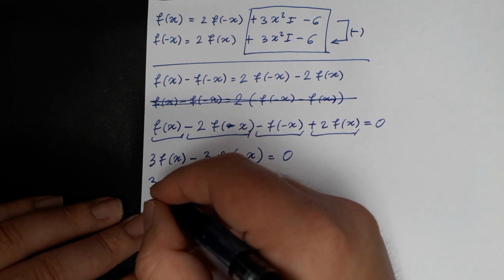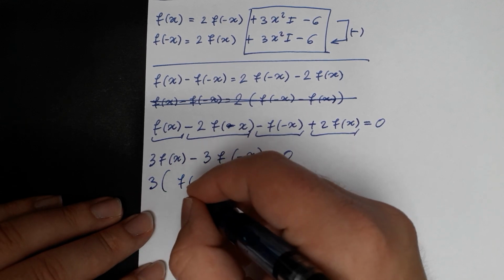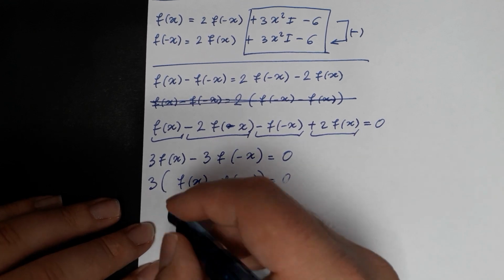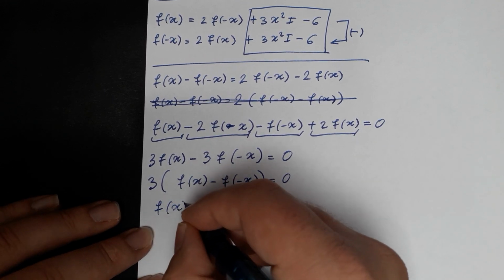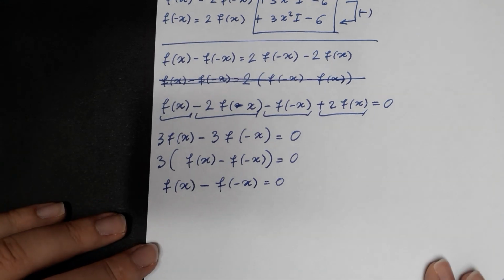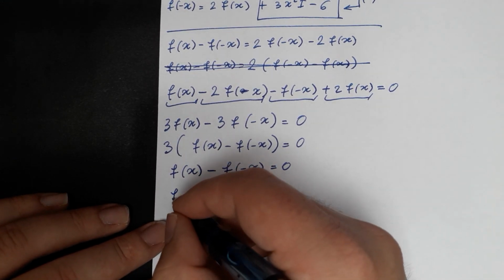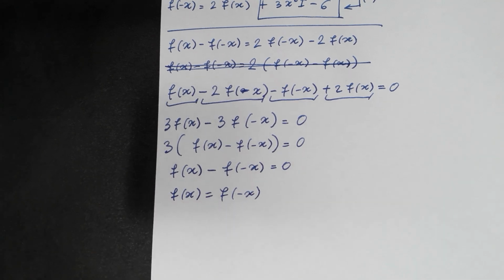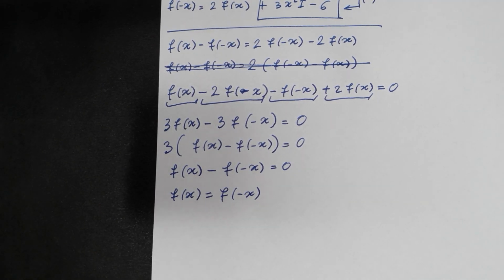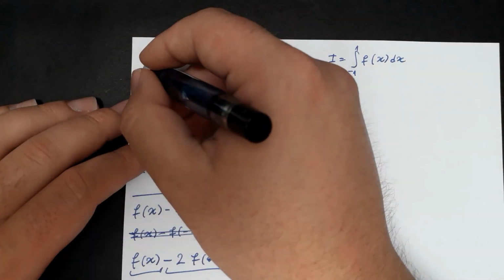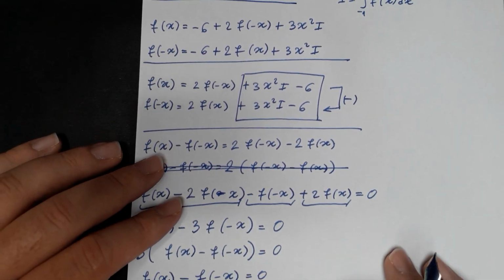So this equation is then 3 times (f(x) minus f(-x)) is equal to 0, and that means that f(x) minus f(-x) is equal to 0. That basically means that f(x) is equal to f(-x), and that means that f is an even function.